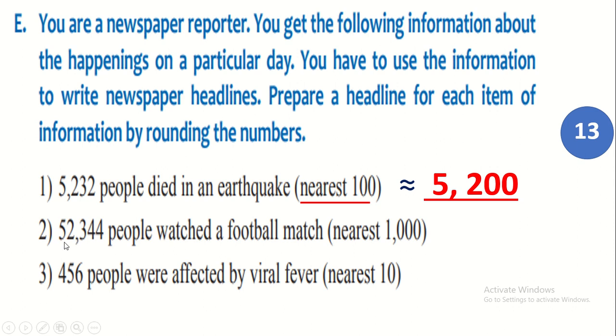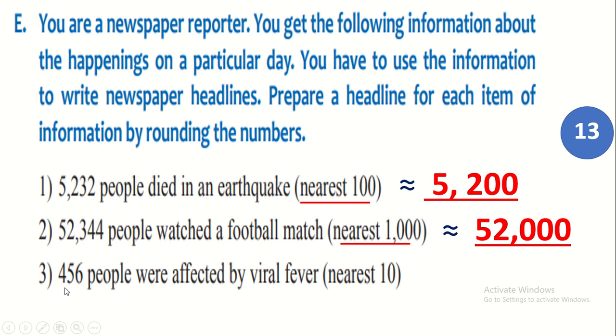Number 2 is 52,344 people watch a football match, and you round this to the nearest thousand. The thousands digit here is 2, but next is 3 from the hundreds place. It cannot be rounded up, so it stays the same, 52,000. Correct, students? Number 3.